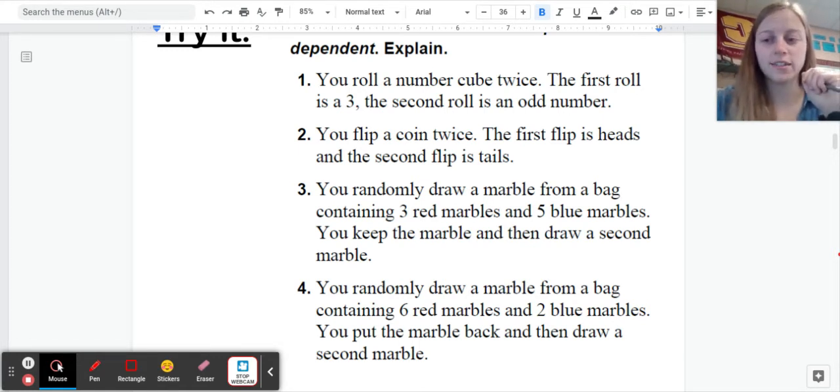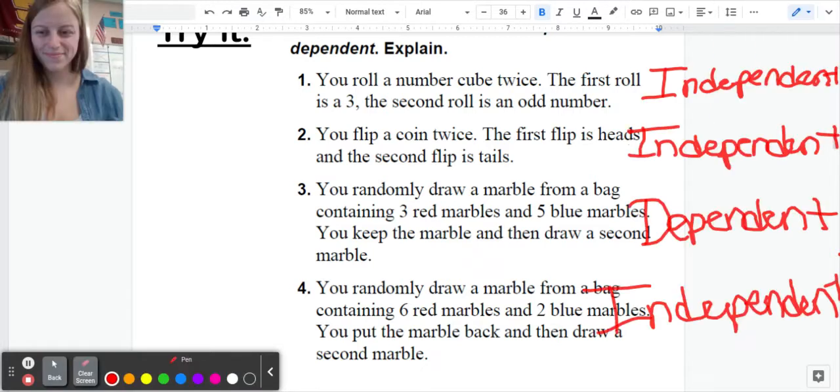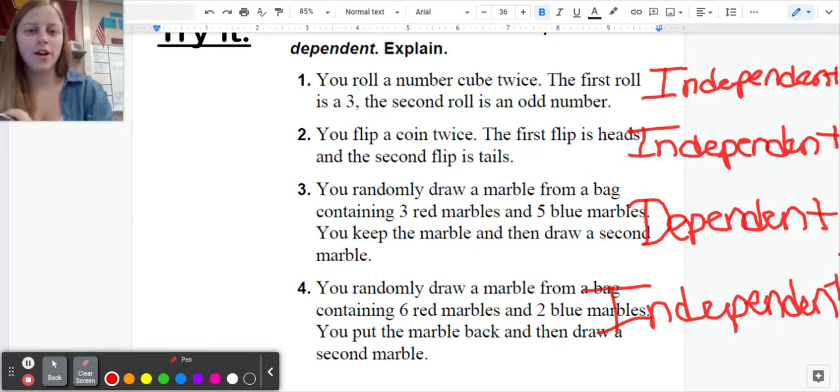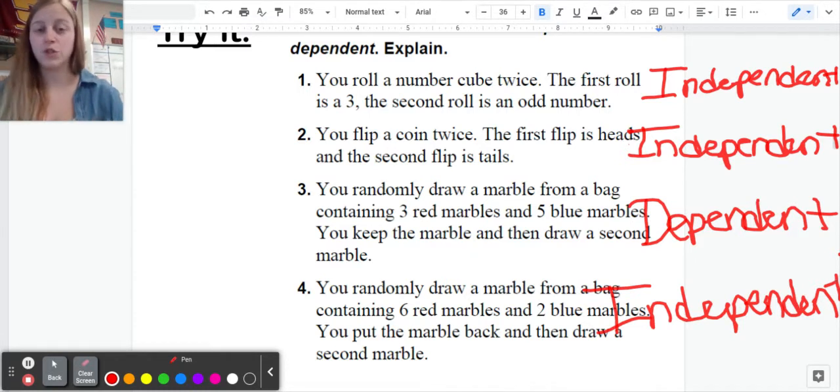Here are the correct answers. So when I look here, independent are the first two, because rolling a number cube or a dice, you're always going to have 6. Flipping a coin, you're always going to have 2 sides to the coin. You can't get rid of one of the sides.